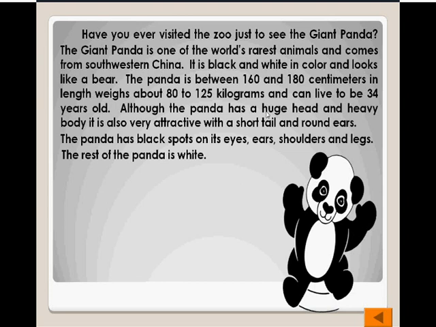In order to know the main idea of the paragraph, you are going to read, as we said before, the topic sentence, which is the first sentence in the text. Okay, so let's have a look at the first sentence here. Have you ever visited the zoo just to see the giant panda?